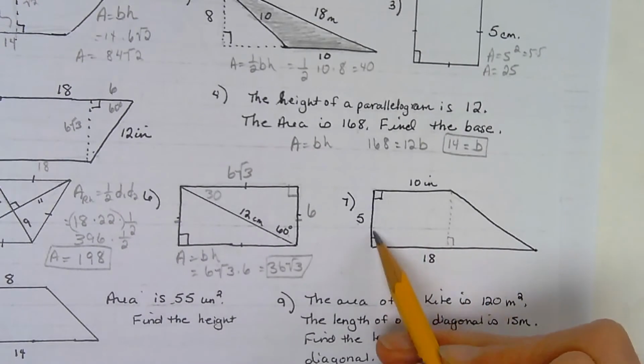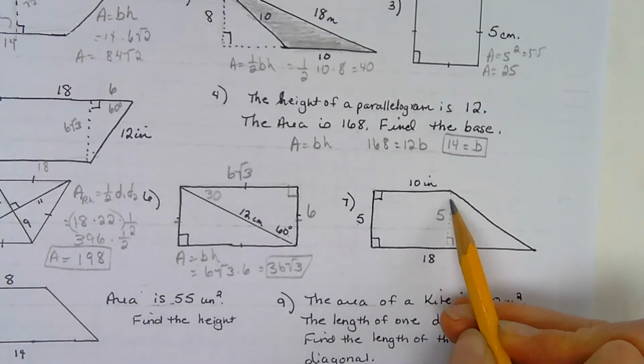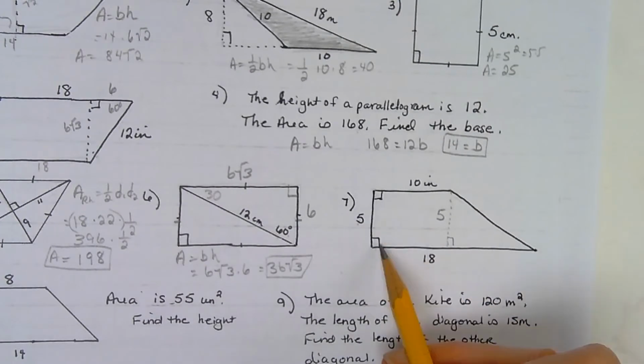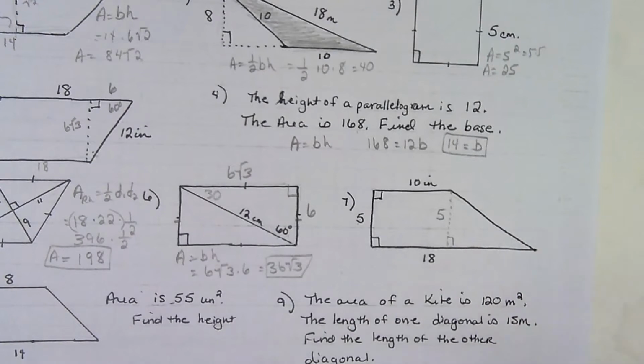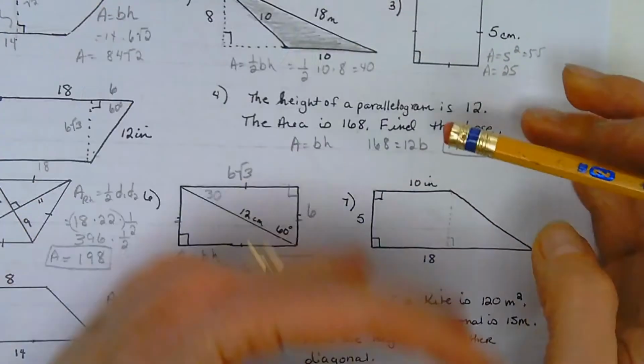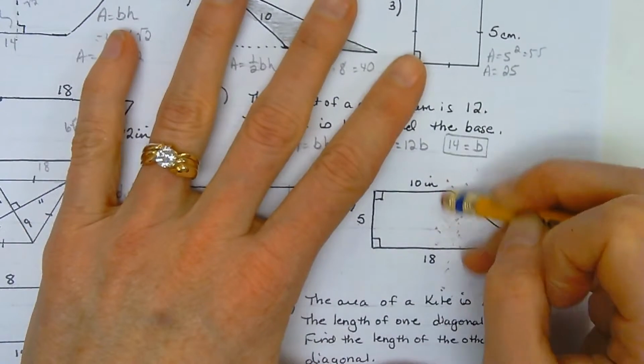If this side of the rectangle is 5, then this side of the rectangle is 5. This is actually also a trapezoid. I could be looking at this as a trapezoid also. I just realized. In fact, I think I'm going to do that because it's a lot faster.